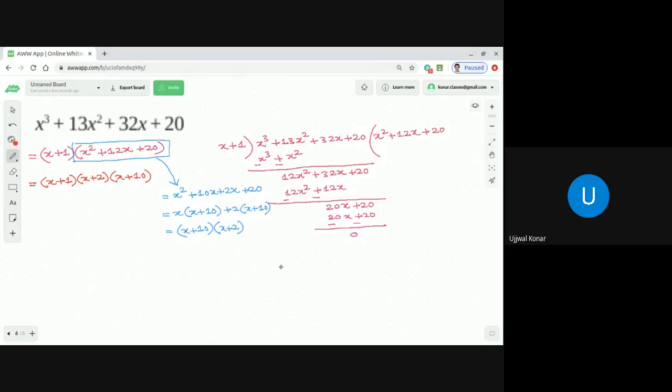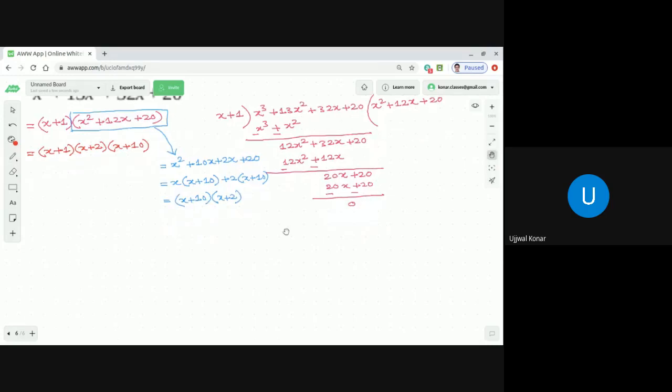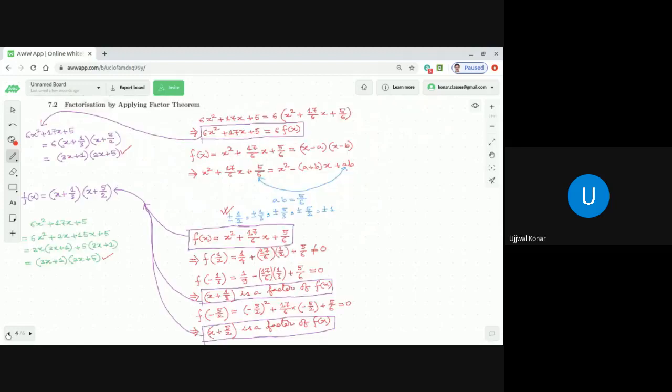See, if you recall the factor theorem, if f(a) equals 0, then x minus a is a factor. So for -1 we got 0. So x minus of -1. Let me write it down, then you'll understand. I got your question. So let me get back to the factor theorem.